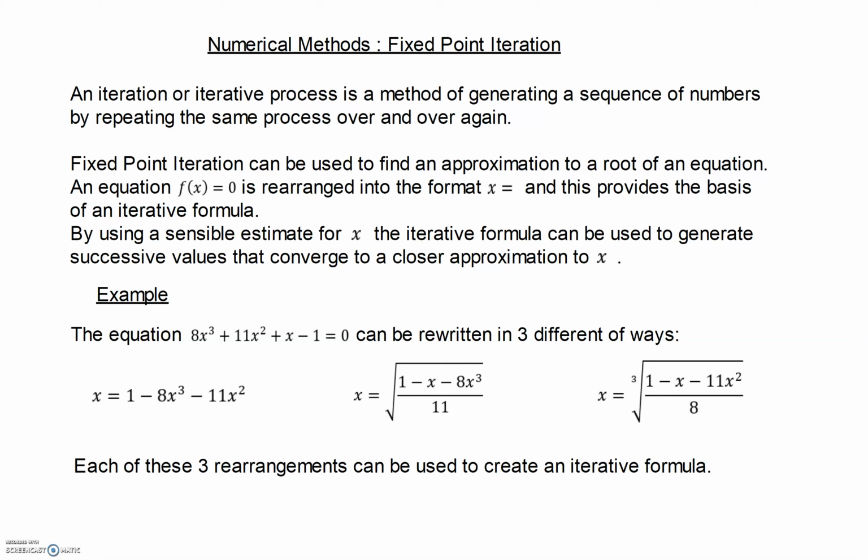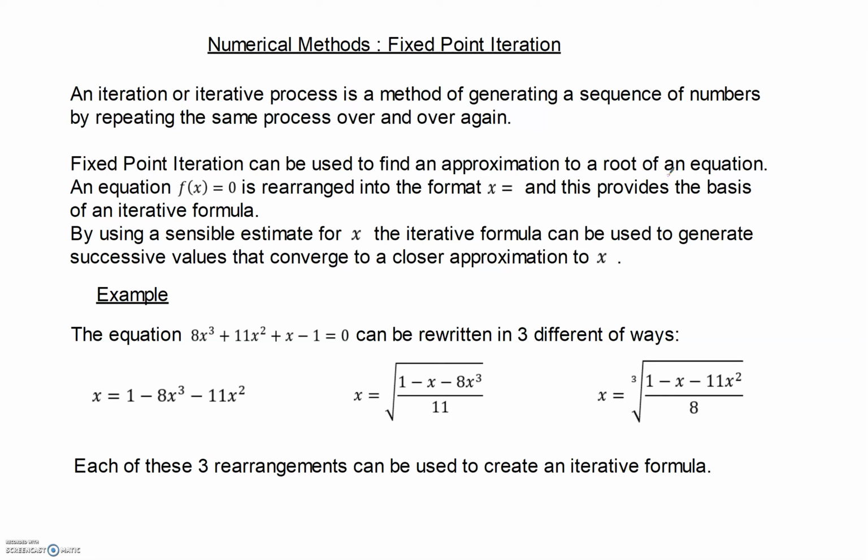The equation we're going to look at is 8x cubed plus 11x squared plus x minus 1 equals 0. And I've rearranged it in three different ways. First of all, by taking the single x term and keeping that on the left-hand side and moving all the other terms to the other side.